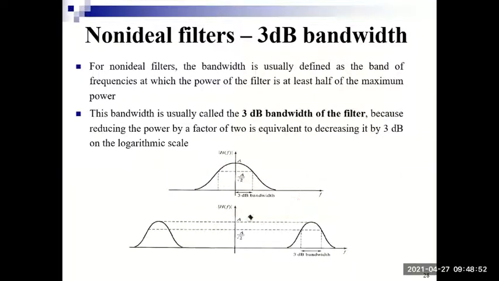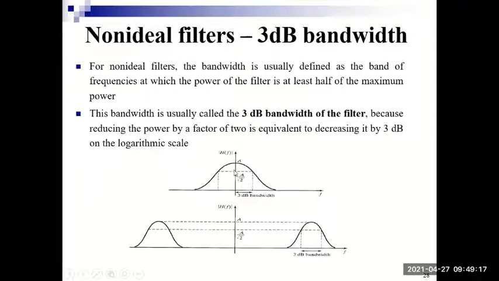And the characteristics what you see show the same. You can see practical low pass and band pass filters. I told you we commonly use low pass and band pass filters. And the other thing is how to define bandwidth. Bandwidth is defined as the difference between the two cutoff frequencies.